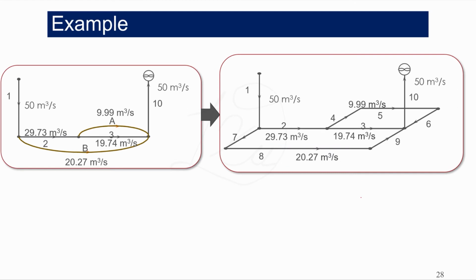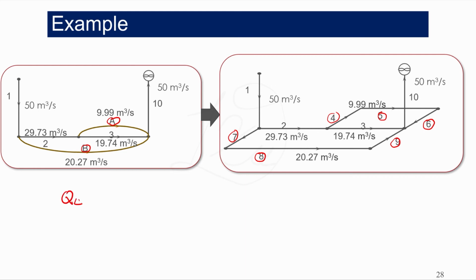Now move backward one more step. Airway A came from airways 4, 5, and 6 in series. Airway B came from airways 7, 8, and 9 in series. We know that for series airways, the air quantity flowing in them is the same as the air quantity in the equivalent airway.